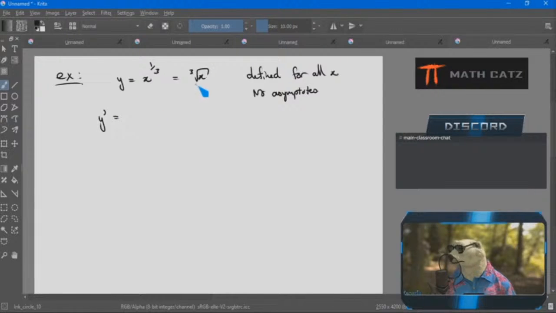Well, for the derivative, I'm not going to use the root version. I'm going to use this version because I can then directly apply the power rule. So it's going to be 1/3 x to the negative 2/3. Now I don't want to look at this version. I liked it for the power rule and for nothing else.